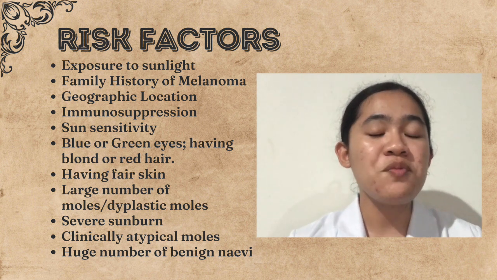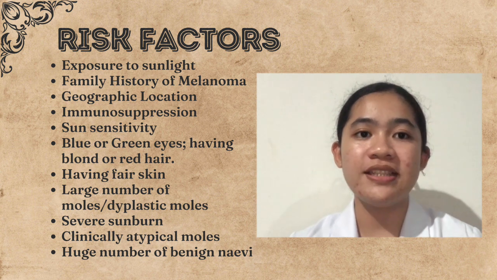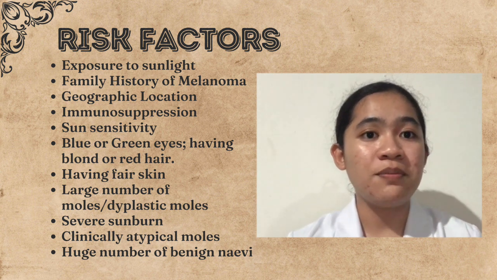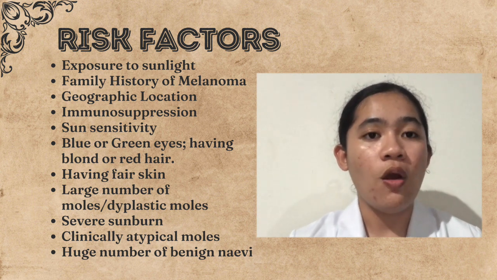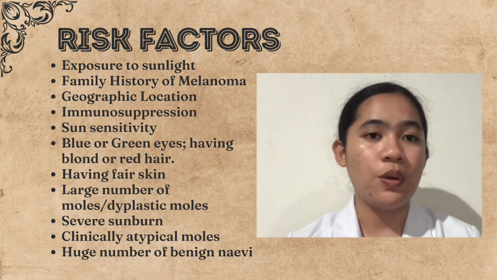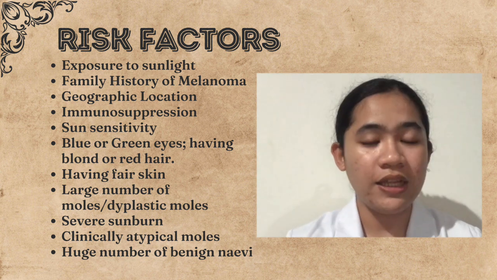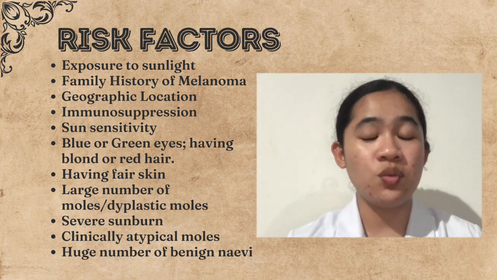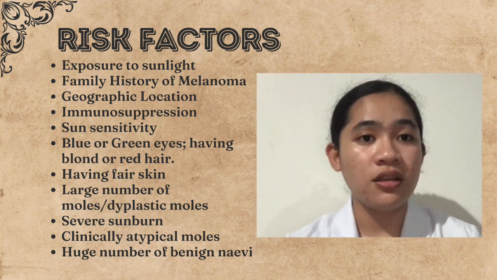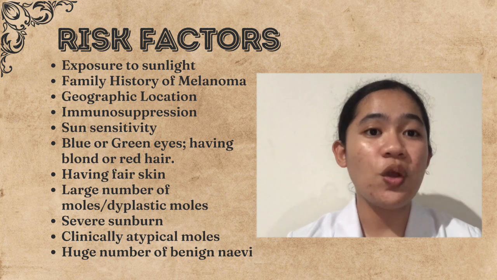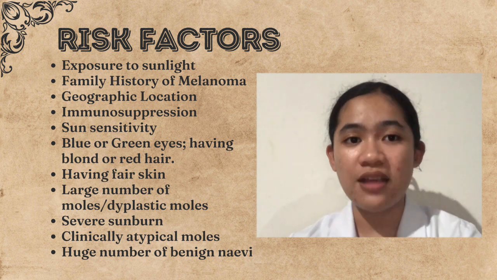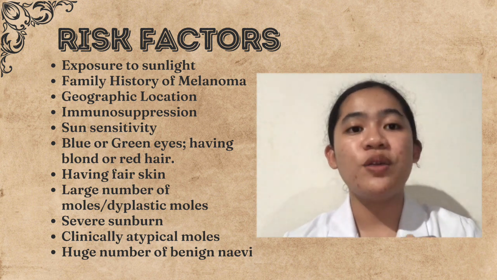So our immune system is the one that fights foreign bodies that may inflict disease, conditions, or abnormalities on our body. If our immune system is weak, it cannot repel, detect, or destroy and fight cancer cells that are forming in our skin.